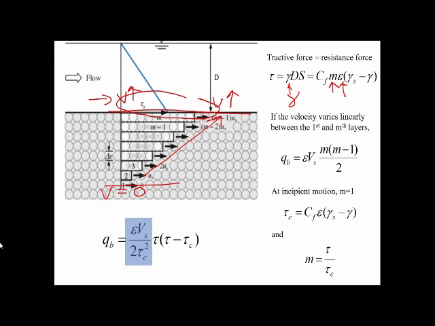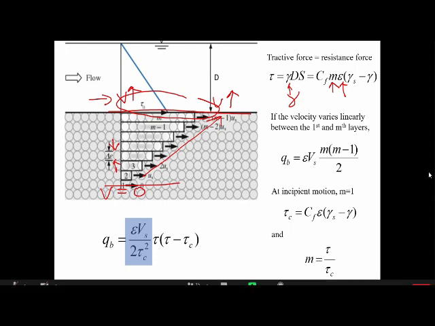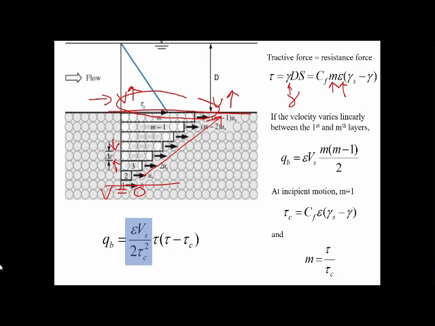E is this interval of each layer, and multiplied by this unit weight of the sediments. Okay, so they say that if the velocity varies linearly between first layer, where the velocity is zero, and also this M layer, which is the maximum layers on the bed.